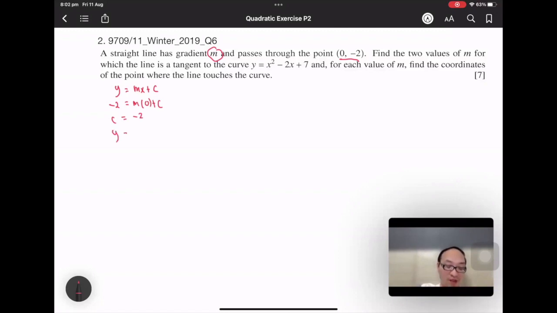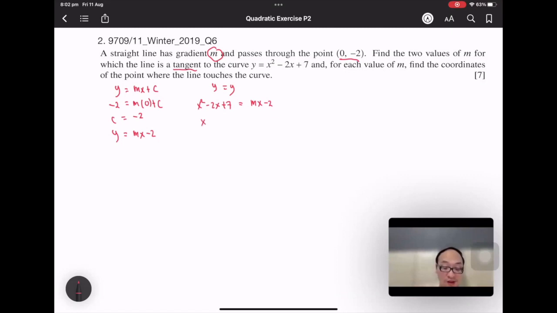That means the equation of the line is y equals mx minus 2. To find the tangent relationship, we have to combine the equations, so y equals y. So x squared minus 2x plus 7 equals mx minus 2.